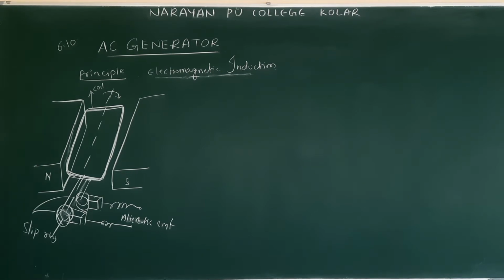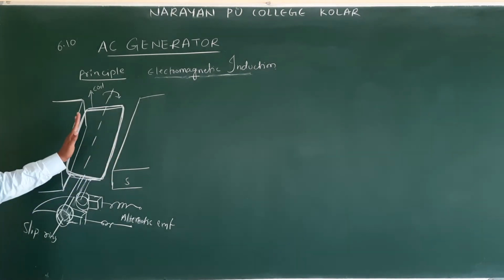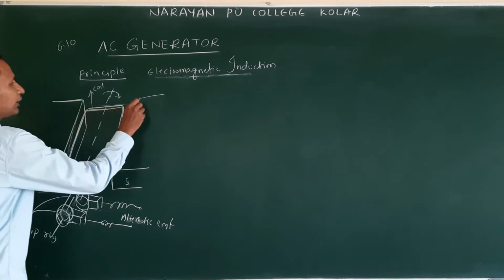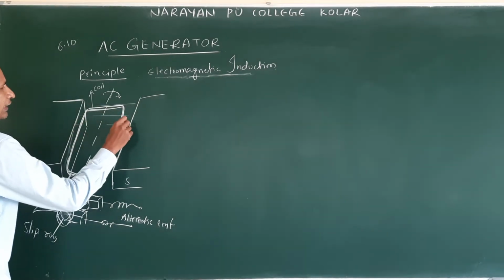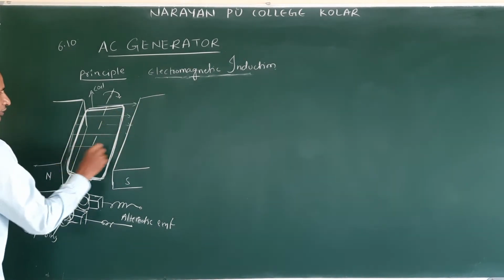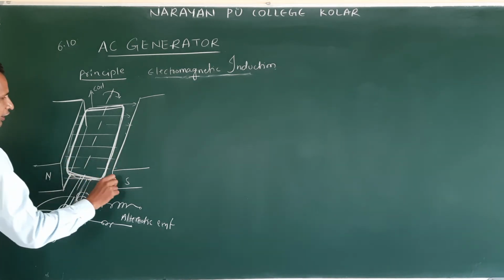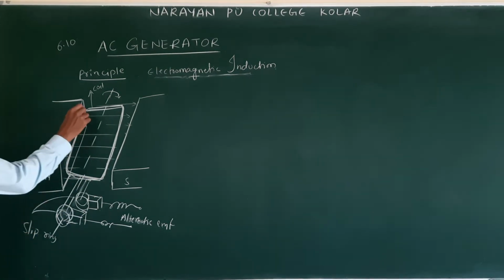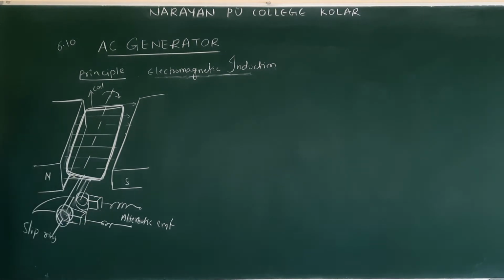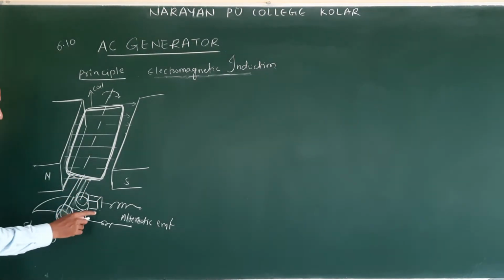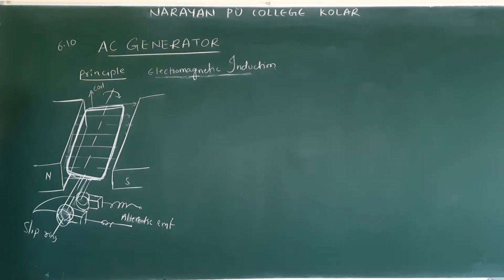What does it consist of? Magnets to develop the uniform magnetic field. The magnetic field is developed like this, all the field lines going from north to south. In this uniform magnetic field, what was there? A rectangular frame. Okay, and two edges connected to slip rings. From these two slip rings, we will take output.